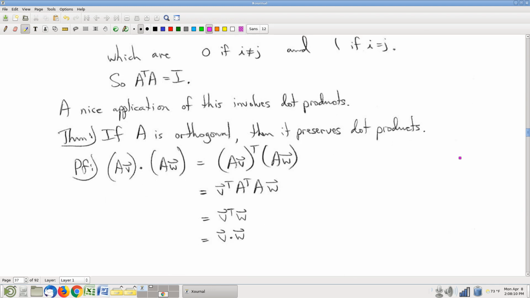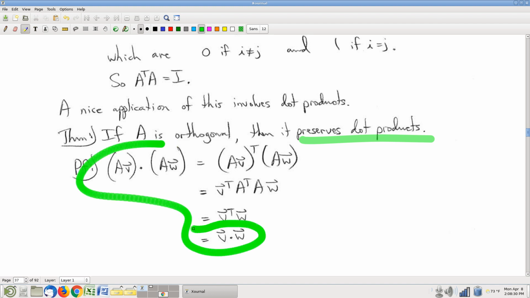Okay. So what can you do with this? The big conclusion that we're going to use here is the following theorem. If a matrix is orthogonal, then it preserves dot products. Before I prove this result, let me talk about what I mean by preserving dot products. It's right here in how this algebra works out.